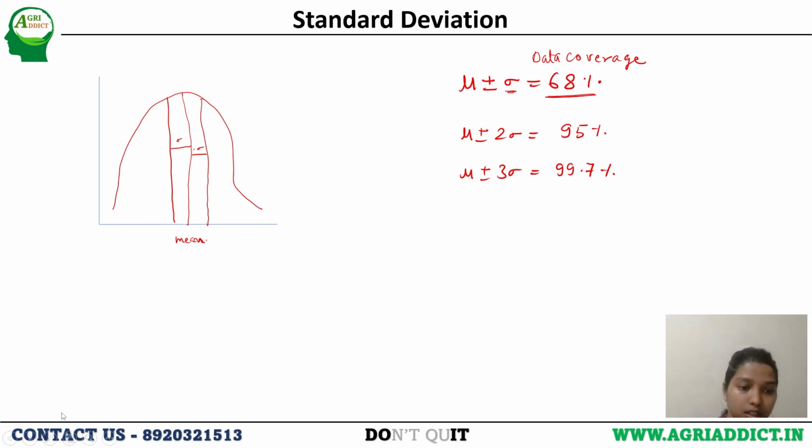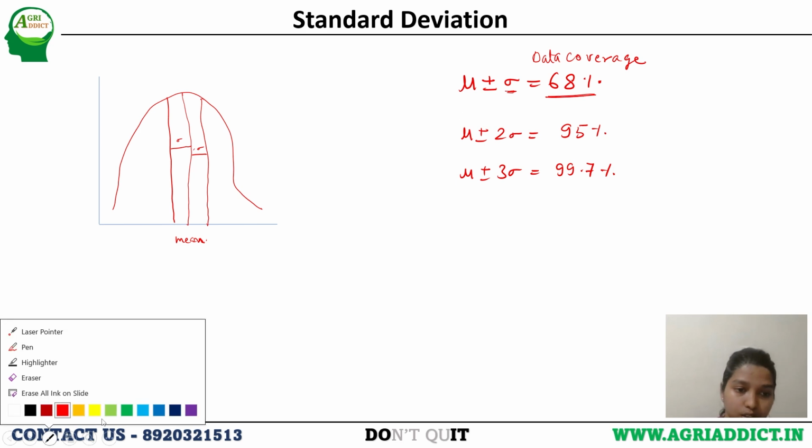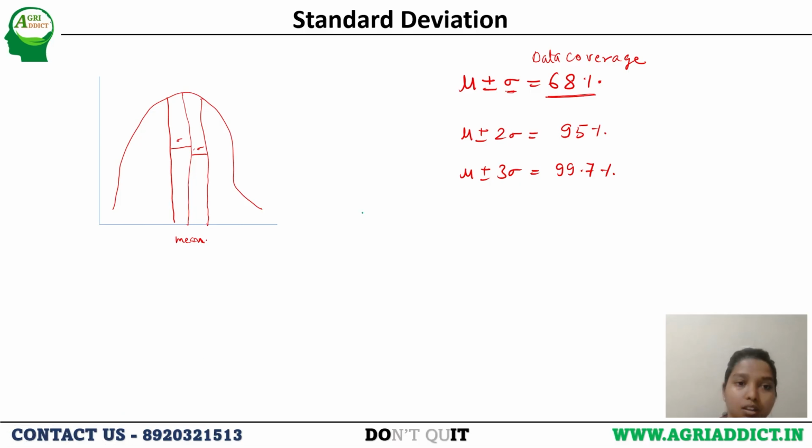Let me use another color pen so you will get what I want to say. So this portion which I'm telling you, the 68% of the data will lie in this area. 68% data will be lying in this marked area.